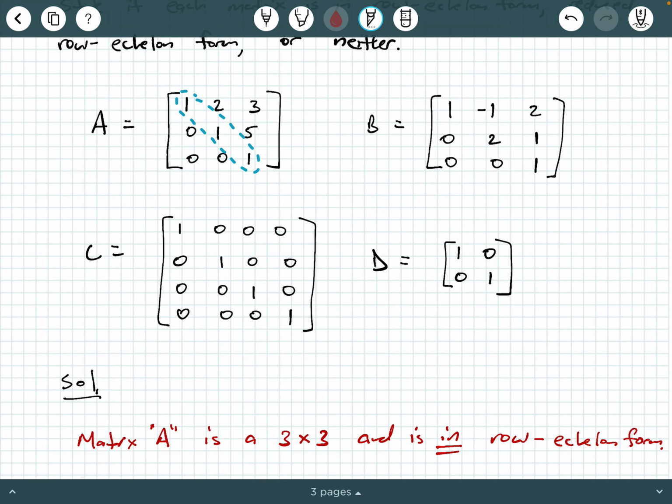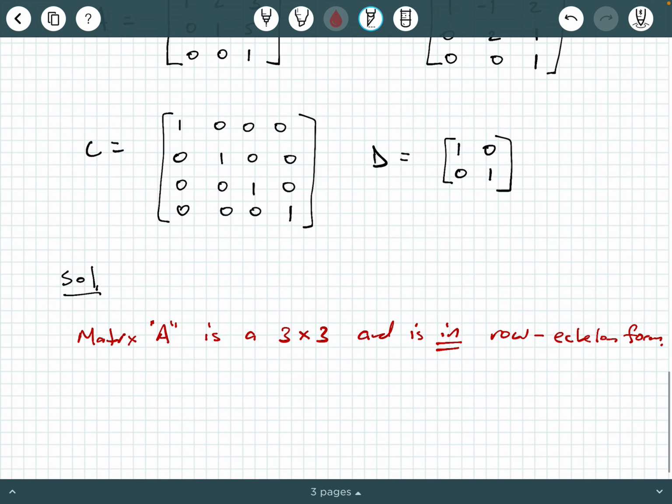Essentially, to be in row echelon form, your main diagonal is all ones, and the leftmost entry in each row is a number 1. Okay, the lower triangle is all zeros. And again, for row echelon form, it doesn't matter what's in the upper triangle. That can be all non-zero numbers. So that's row echelon form.